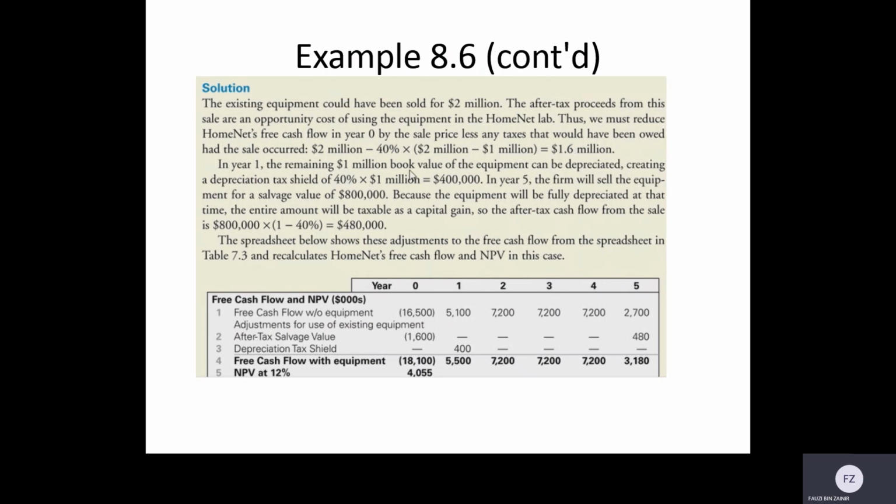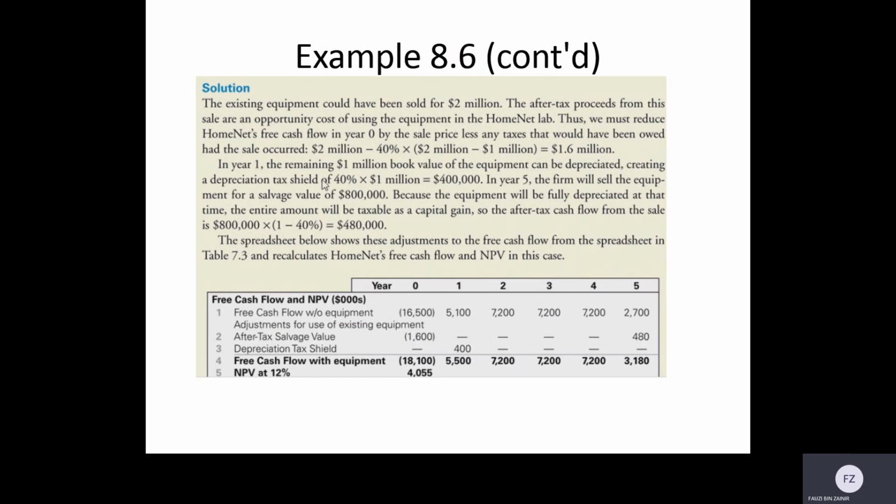In year 1, the remaining 1 million value of the equipment will be depreciated, creating a depreciation tax shield of 40% times 1 million, which is 400,000. The 1.6 million reflects the amount the company would receive if it decided to sell the equipment off. Since we are making a comparison between selling off and keeping the equipment until the 5th year, we put the 1.6 million as a minus figure.